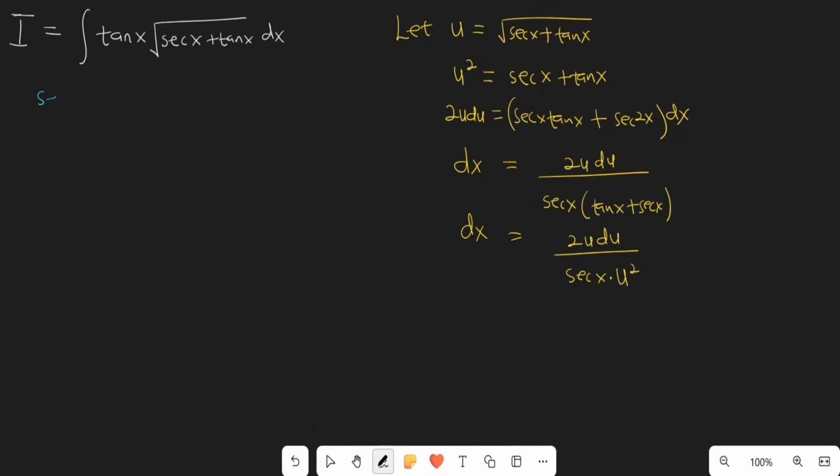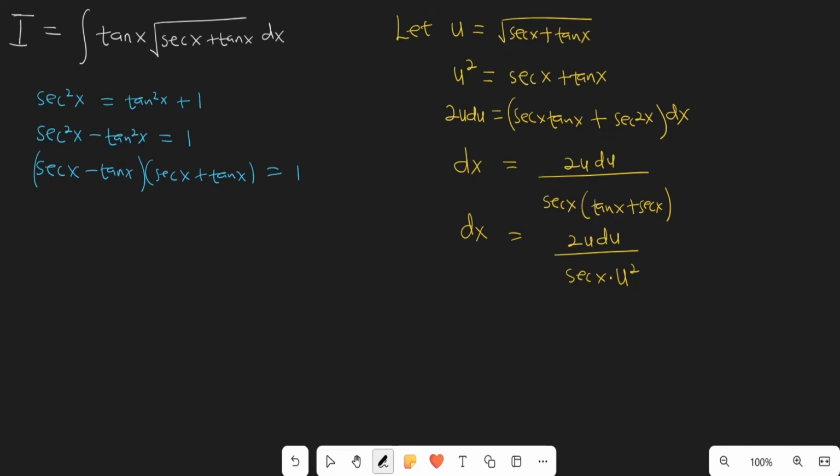So secant squared of x is equal to tangent squared of x plus 1. That is from the Pythagorean identities. So here secant squared of x minus tangent squared of x is equal to 1, right? Let's write this as a difference of two squares. So this is the same as secant of x minus tangent of x multiplied by secant of x plus tangent of x, and this is equal to 1.